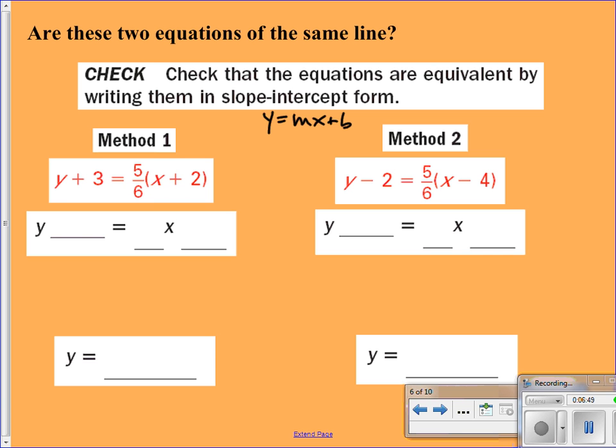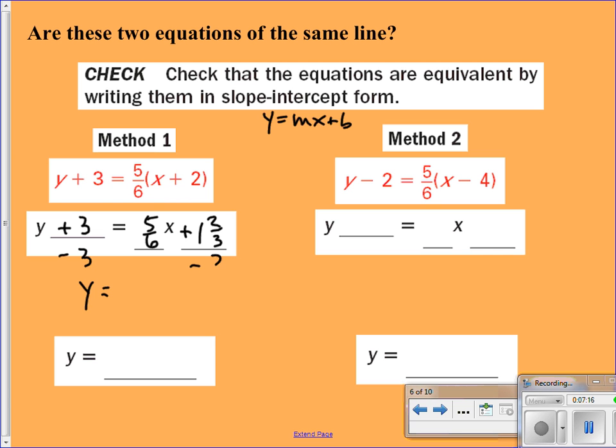But to do that, I need to distribute that 5/6. So I'd have 5/6x plus 2 times 5/6 is actually going to give me 5/3 minus 3. Oh, this is not going to be pretty. y equals, well, 5/3 is 1 2/3.